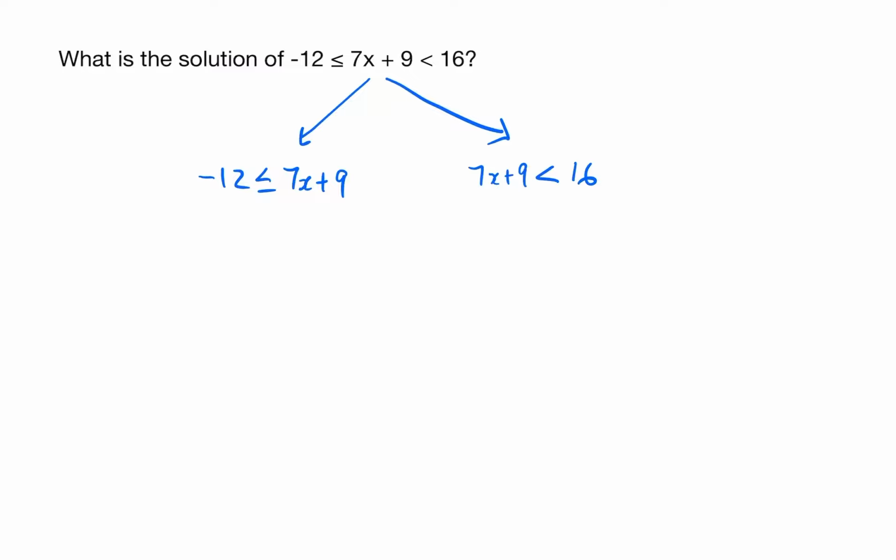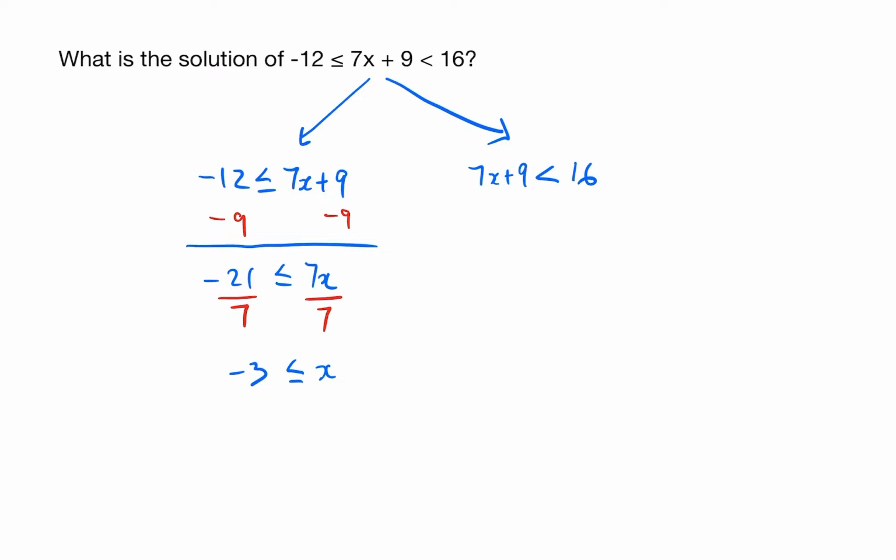To isolate x, we need to subtract 9 from both sides. What we get is negative 21 is less than or equal to 7x. And then to isolate x, we need to divide both sides by 7. Now x is going to be greater than or equal to negative 3.